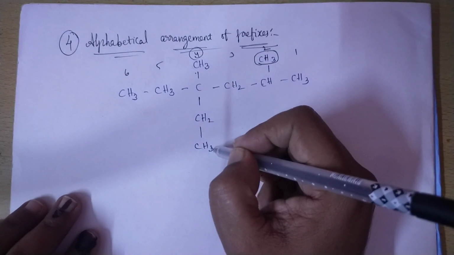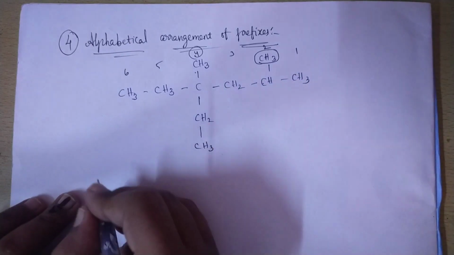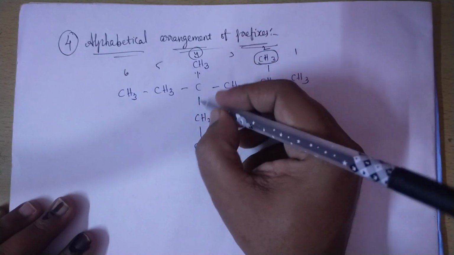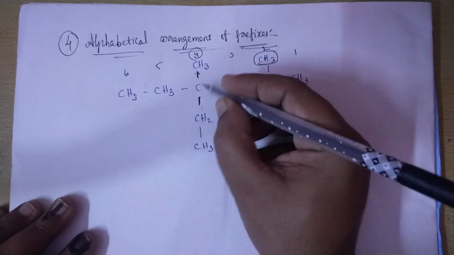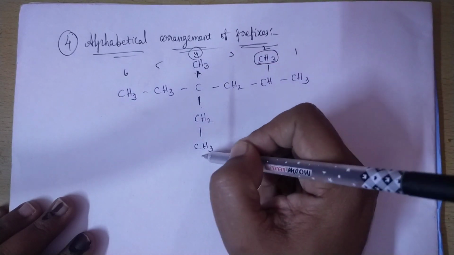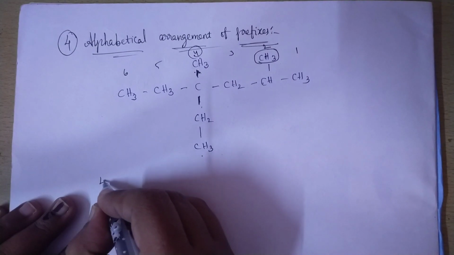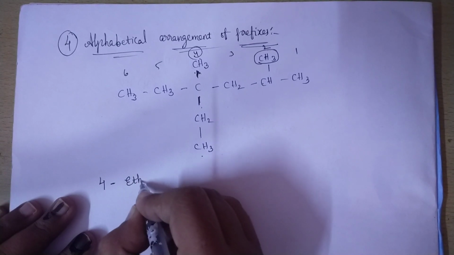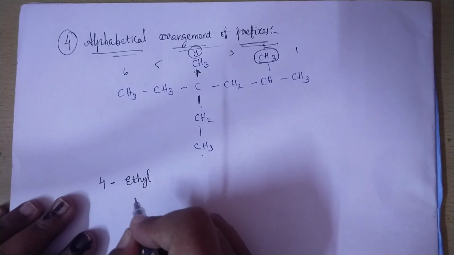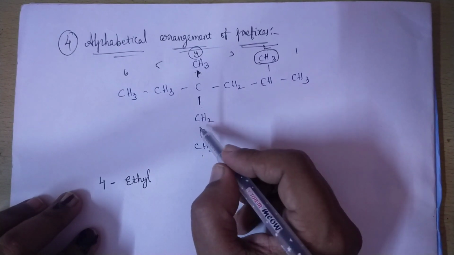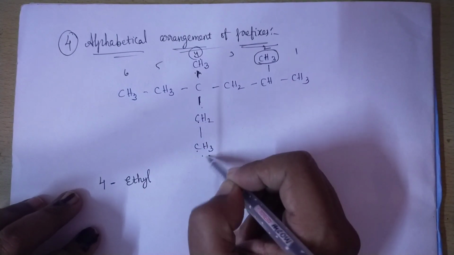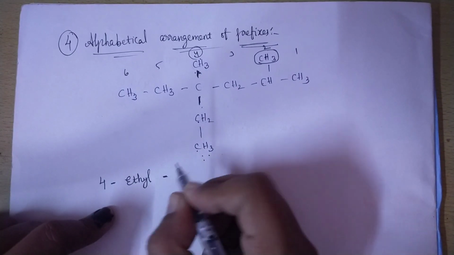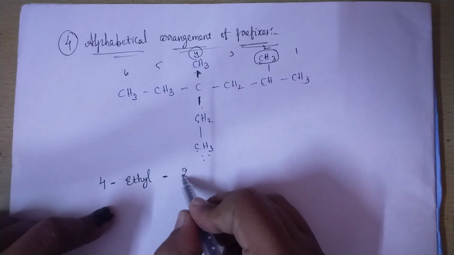In the fourth place you can see two branches. So in the fourth place we can write 4-ethyl, that is C2H5.